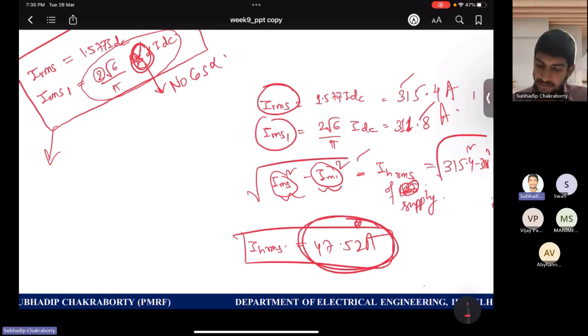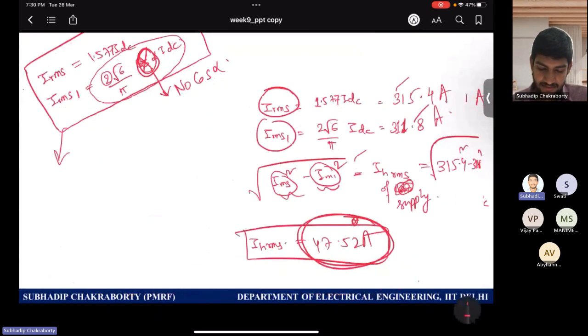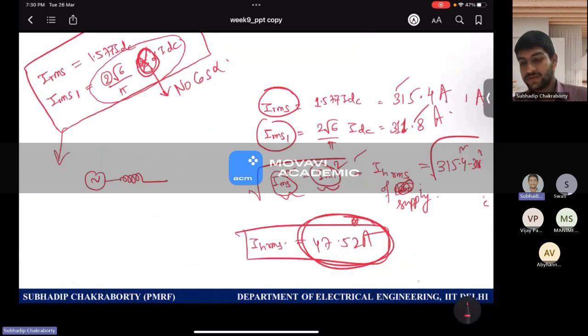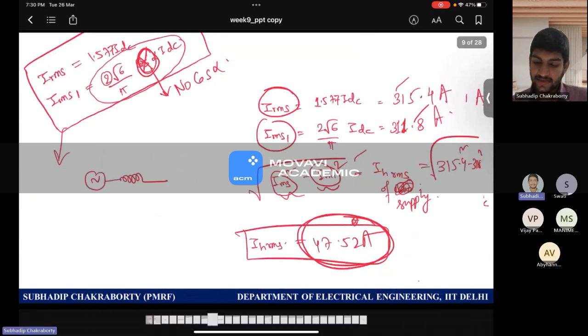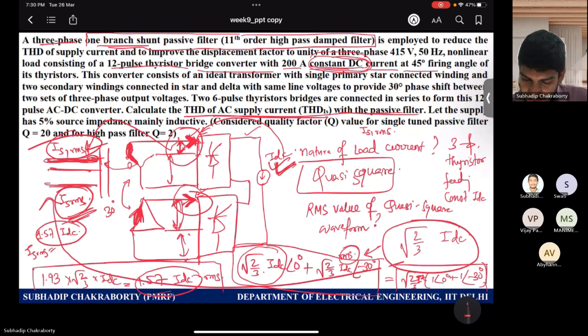So if you see, let me draw the single phase equivalent line diagram. The source impedance is only a reactance, right? It is given somewhere, 5% source impedance, okay?